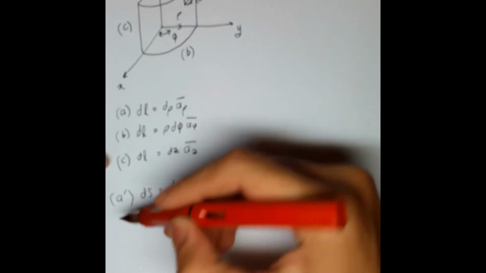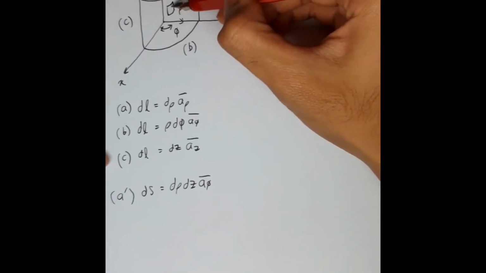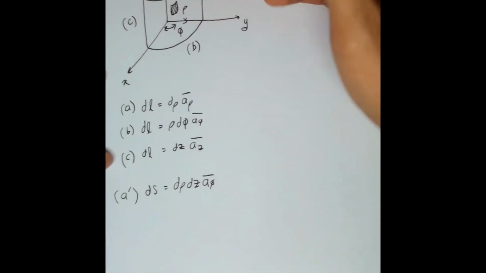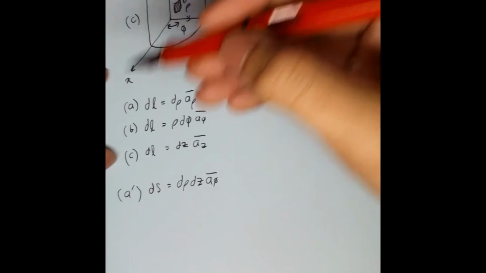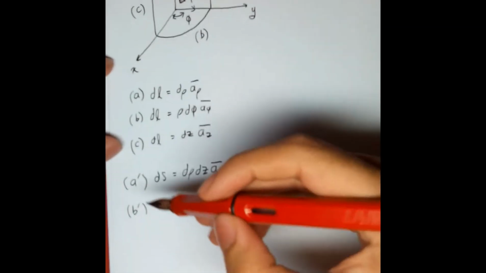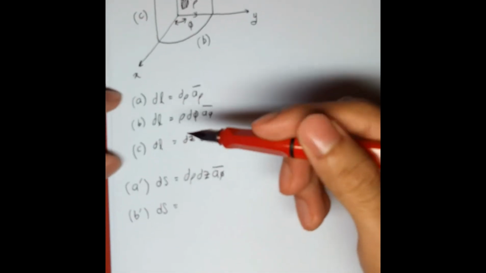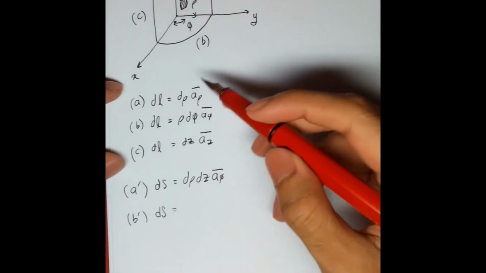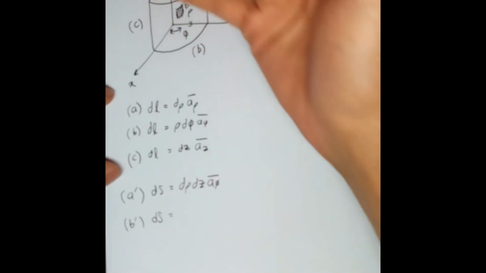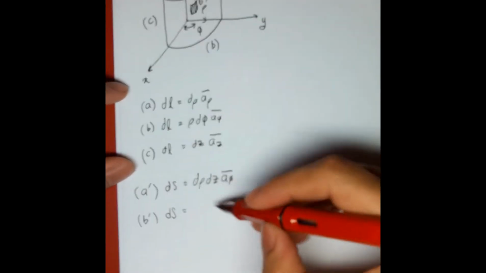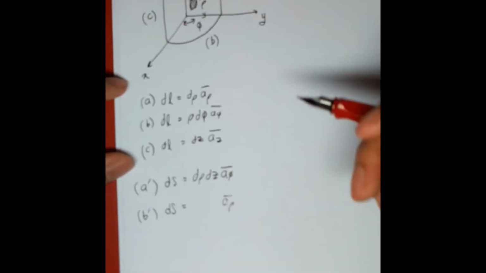Now for this surface, call this B prime. For B prime, you can tell that the differential surface is pointing towards rho, so the unit vector should be a rho.